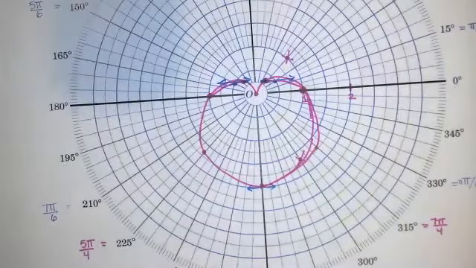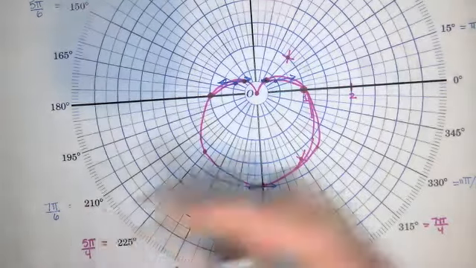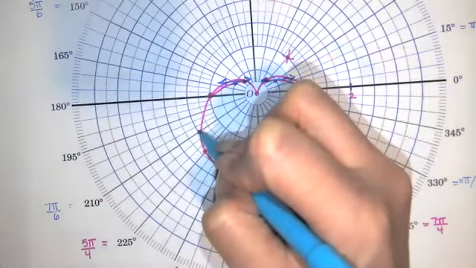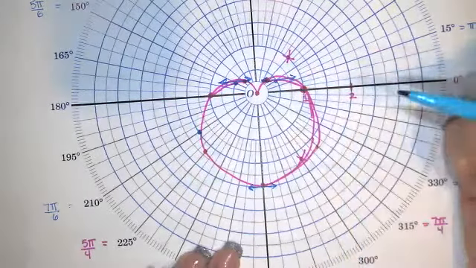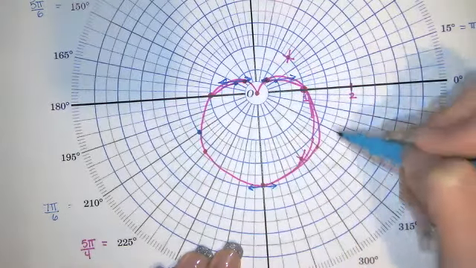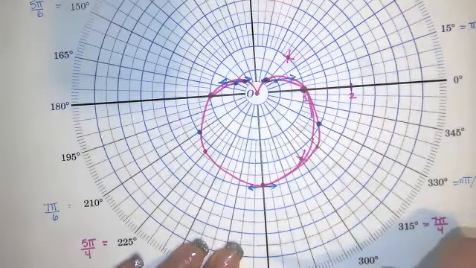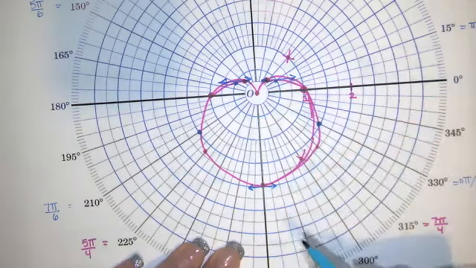Okay, and r is supposed to be 1.5 on those lines. So if this is 1.5, hey, not bad, not bad. That's supposed to be 1.5. And if this is 1, that's supposed to be 1.5. Hey, pretty good, after I corrected for that 1 point that was off.